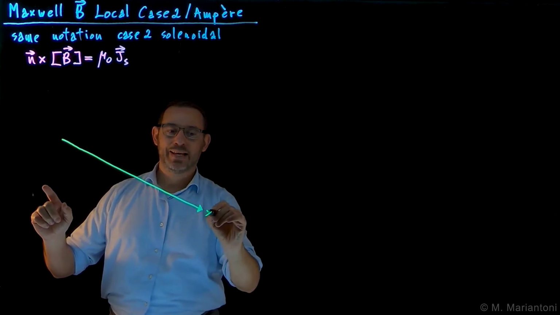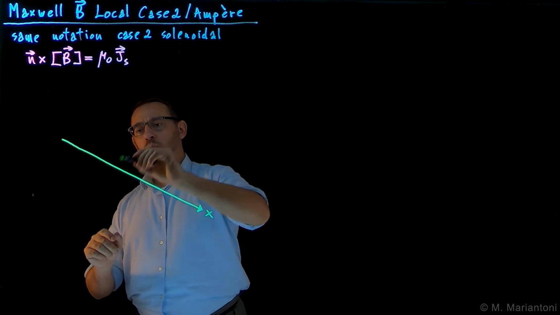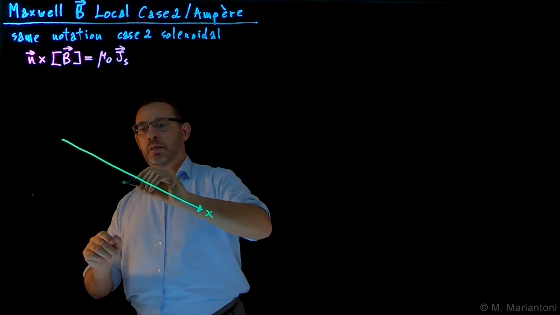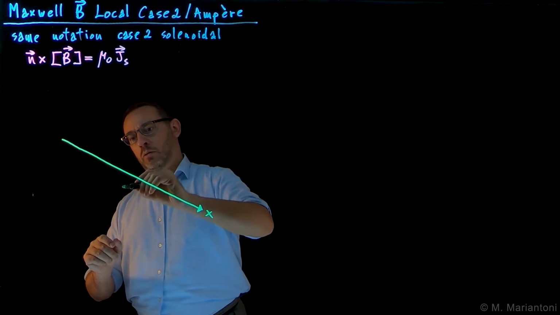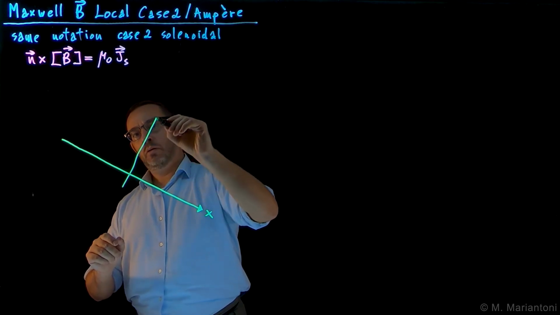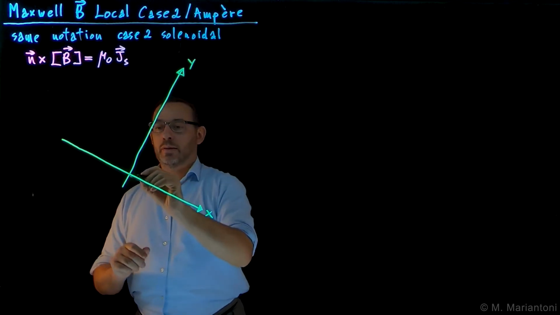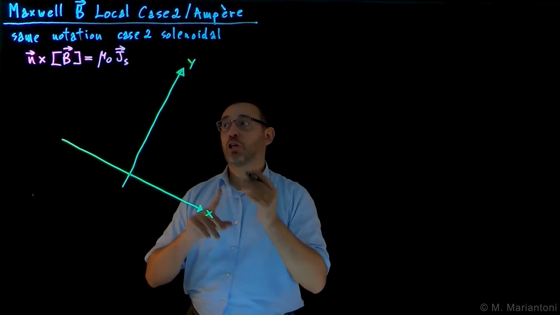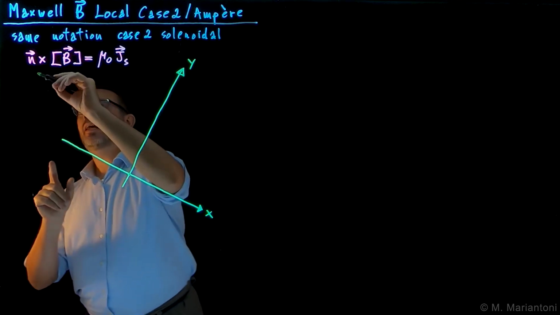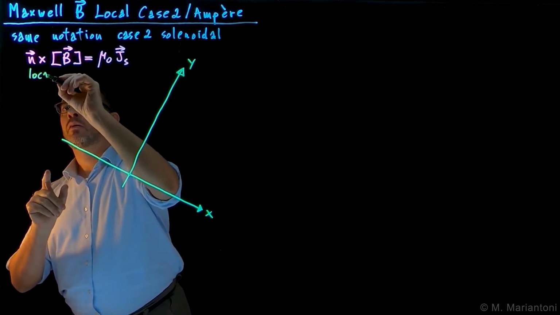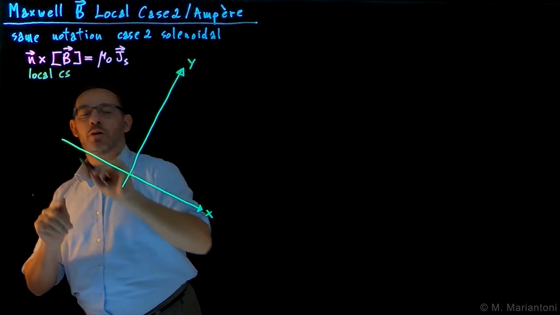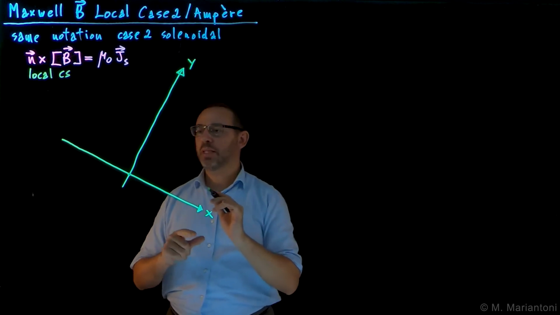This is the x-axis. Normal to it, of course, there will be a y-axis here. This is my point capital P, which is also the origin of this local coordinate system, CS for coordinate system, Cartesian in this case, obviously.